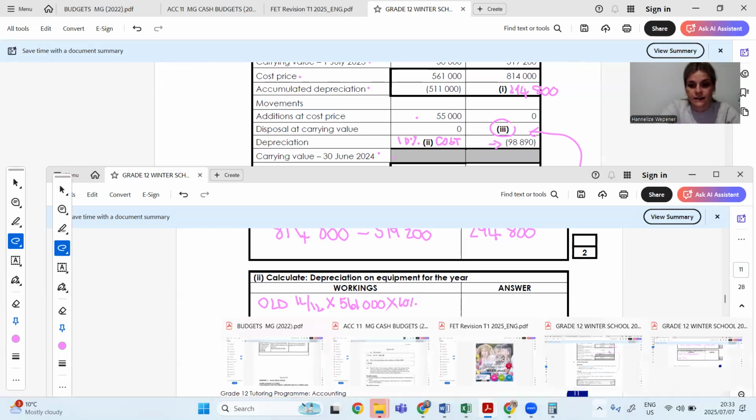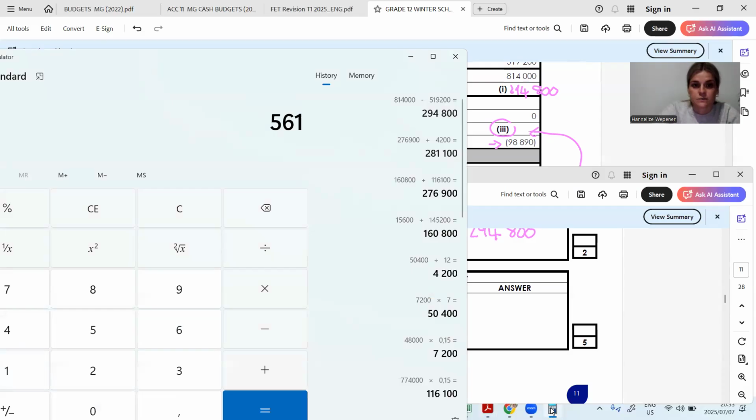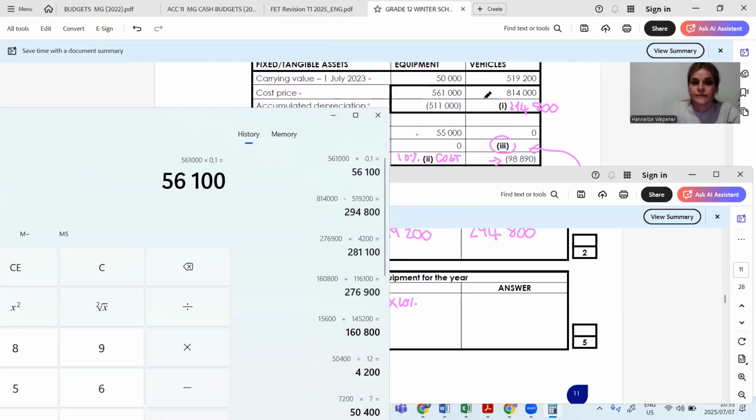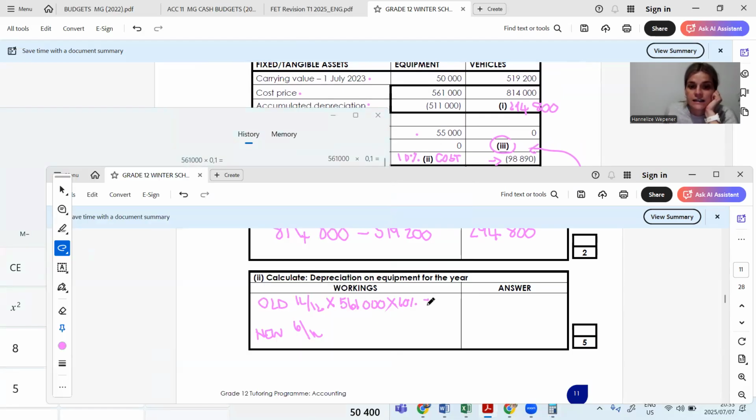So let's calculate that one first. So 561 times 10. And that is equal to 56,100. However, my carrying value is 50,000. So I cannot now say that I'm going to write off 56,100 on this asset, because its carrying value is already 50,000 Rand.